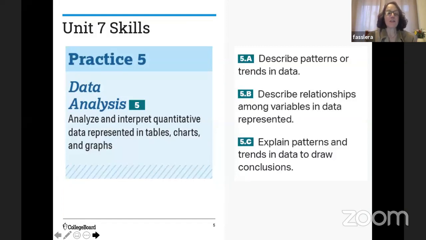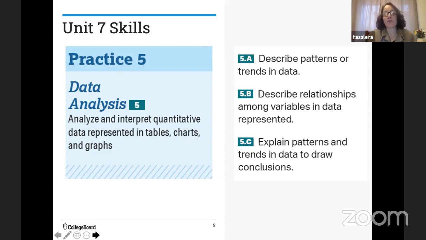So in unit 7 on atmospheric pollution, this is one of the really big science practices that we focused on. Number 5, data analysis: analyzing and interpreting quantitative data represented in a table, a chart, or a graph. And you can see that I break that science practice down and start off with a pretty simple skill and then scaffold.